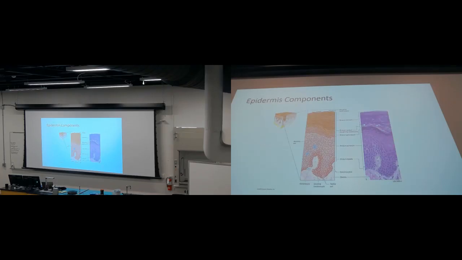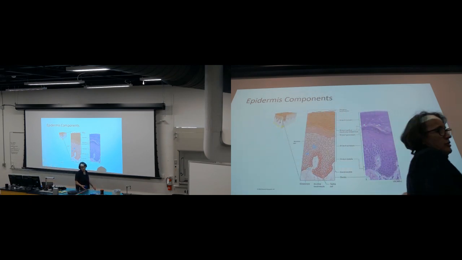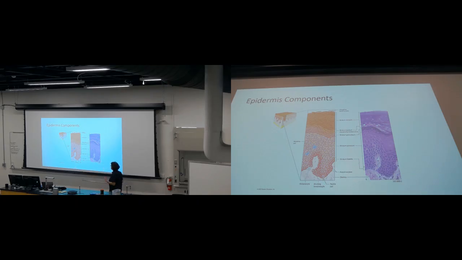Okay, so here are the components of the epidermis. So we have strata or layers. So this one, which is the first layer, is called stratum basale. Underneath here we have the dermis, and this is the epidermis.